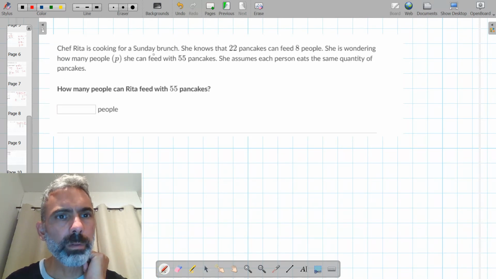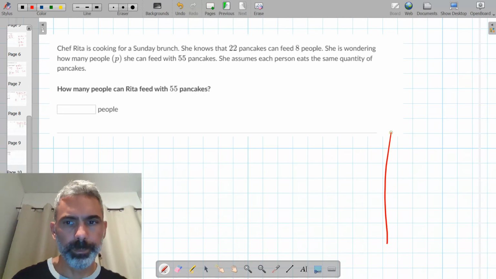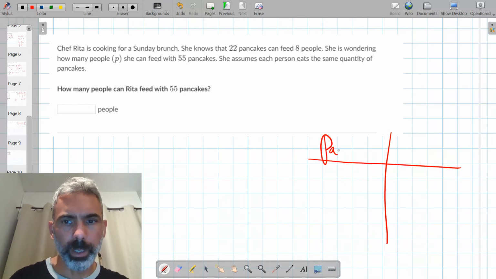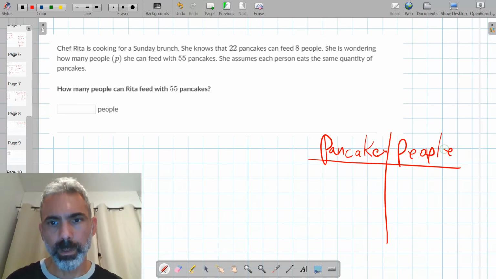Chef Rita is cooking for a Sunday brunch. She knows that 22 pancakes can feed 8 people.